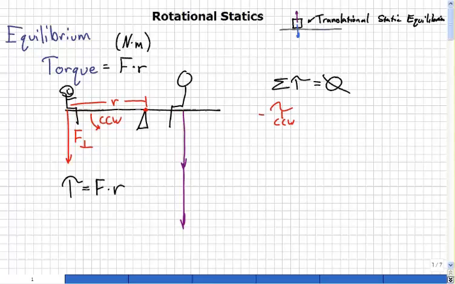And if we add them to all the torques that cause clockwise rotation, then we will get a sum which is equal to 0, so a net torque of nothing. Now, I prefer to write this where we say that when you're at static equilibrium, the torques in the counterclockwise direction are simply equal to the torques in the clockwise direction. And that's how I put it. So we're going to use this to look at some different problems.